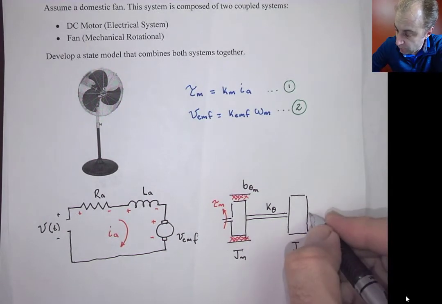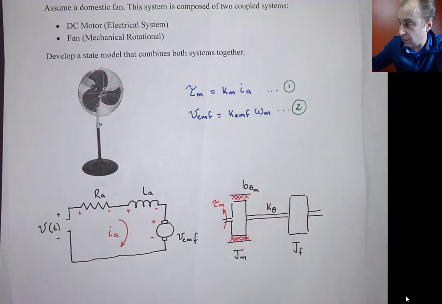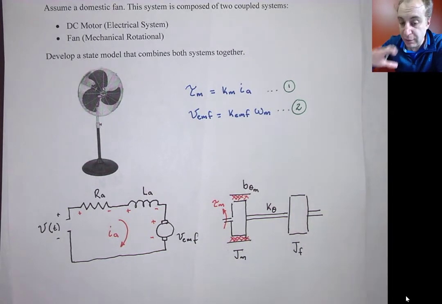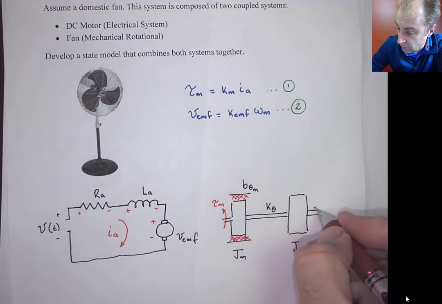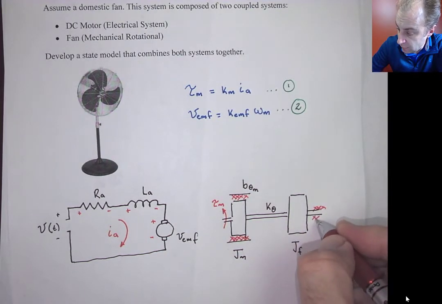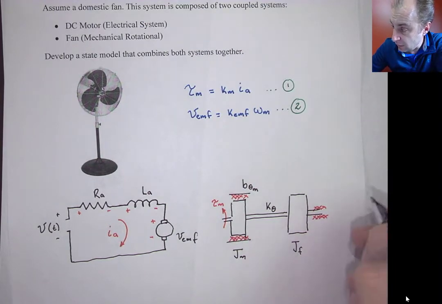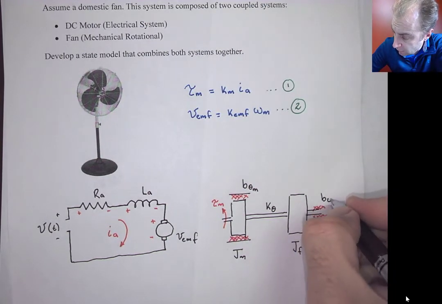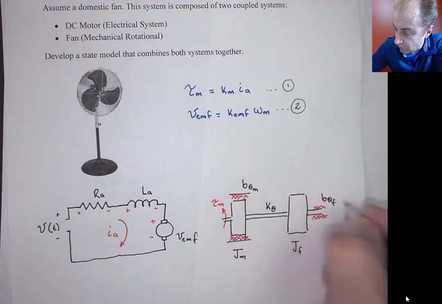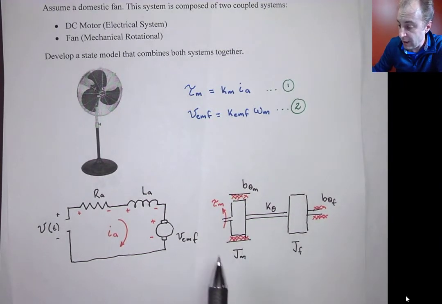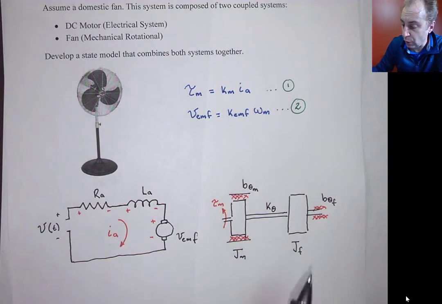And then there is going to be some friction due to the blades that are moving in a fluid, which is basically the air. So we're going to assume a second friction here that is going to be B theta F.